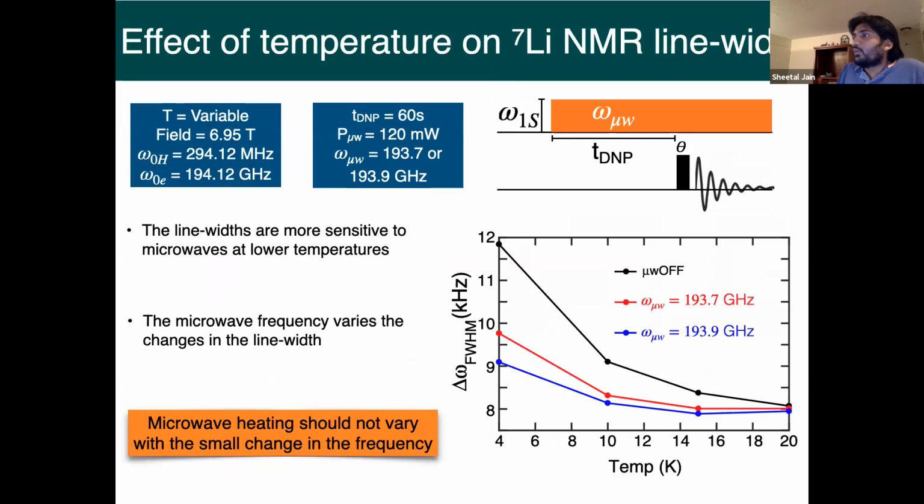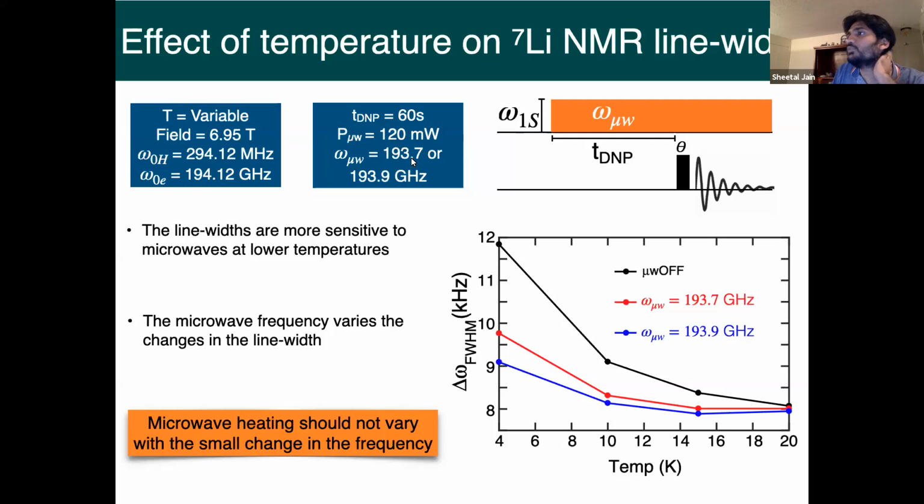With that, now I will go to the results, and first we try to explore whether it's a temperature effect. So we varied the temperature during the experiments. The parameters are shown here. The irradiation time is 60 seconds, which is needed for polarization to build up, and that is dominated by the lithium NMR relaxation time. The microwave power was used at its maximum, 120 milliwatt.